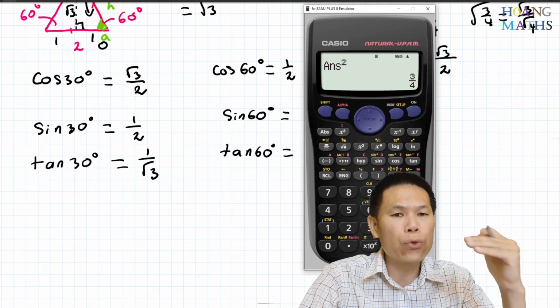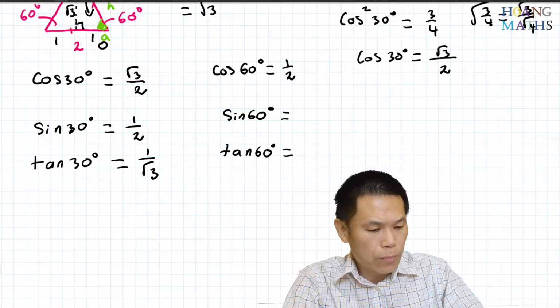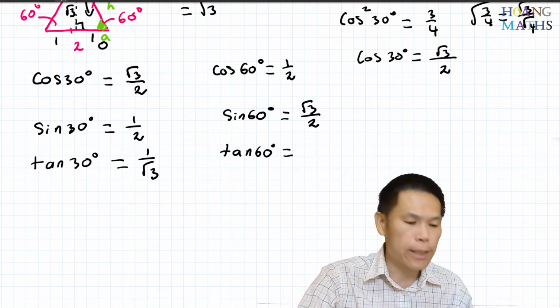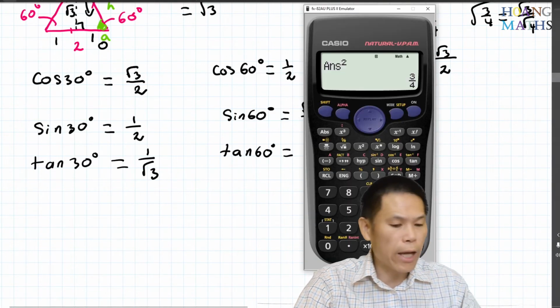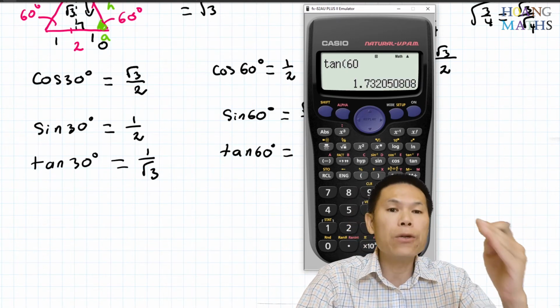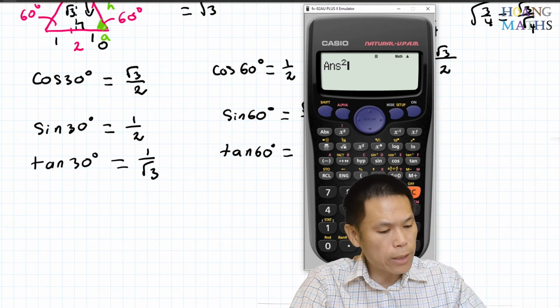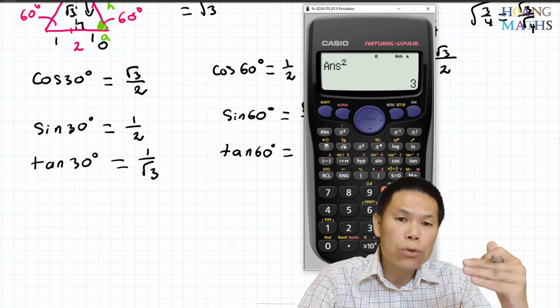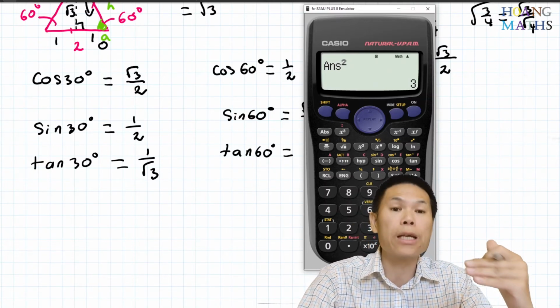So therefore, root 3 over 2. Tan of 60. So I just quickly use the calculator to help me out. Tan of 60. Again, an irrational number. So I just square it. It should give me 3. So therefore, tan of 60 is root 3 instead of 3.